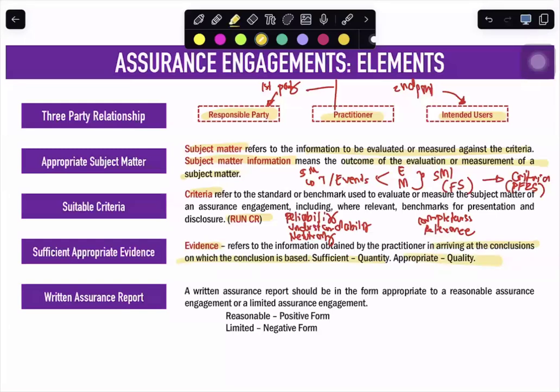But generally, that is not the only consideration in planning the engagement. Aside from sufficiency and appropriateness, we look also at the materiality, the risk, the cost benefit, and of course, our judgment.